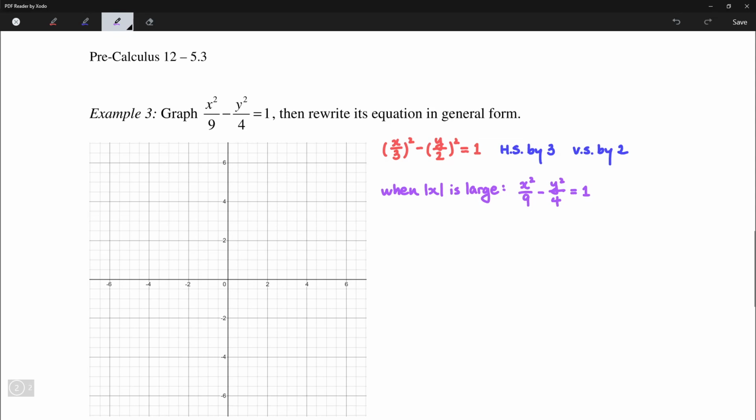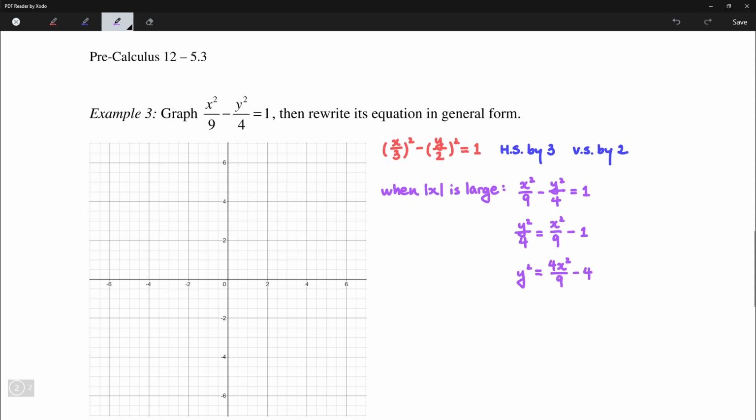We can isolate y by itself, so that will be y squared over 4 is equal to x squared over 9 minus 1. We can now multiply both sides by 4, so we get y squared is equal to 4x squared over 9 minus 4.